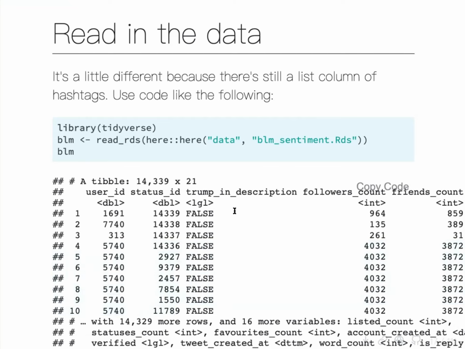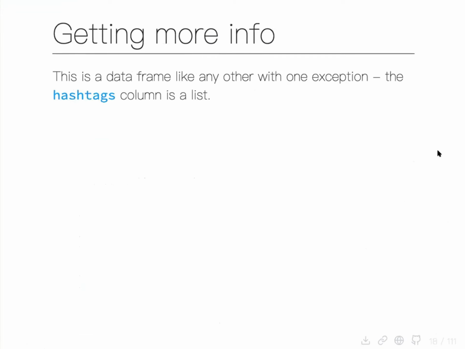We have that Trump in description indicator, and then there's follower count, friend count, etc. There's a bunch of stuff in there. I'll talk through more of this in just a minute, but I'll give you about 1 minute to get that data set read in. Okay, I think that is everybody now. So I'm going to move on.